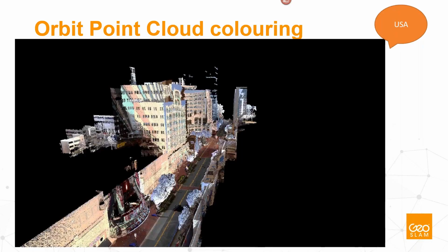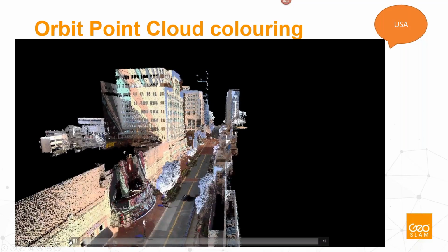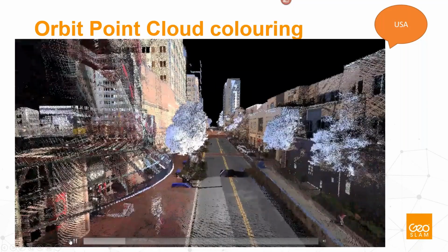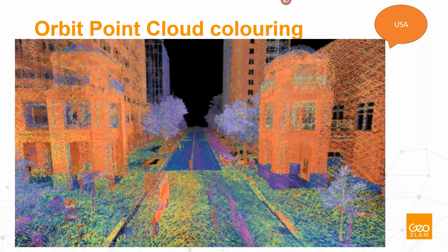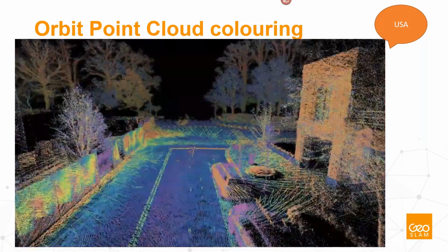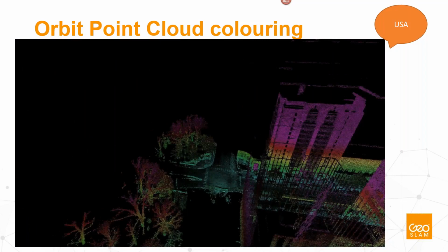And then, finishing that presentation of the capabilities of Orbit, here's a short video displaying the point cloud from Discovery from the US, the same as a couple of screenshots earlier, in different modes. So it was RGB, then we have intensity visualization, and then we would have height as well.